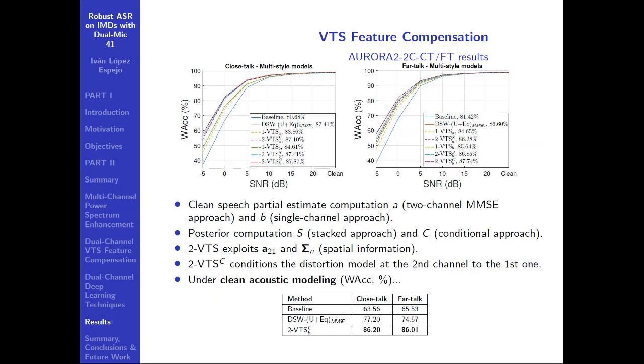In this slide, we can see our vector Taylor series feature compensation accuracy results obtained for the Aurora 2 CCT-FT corpora. As we could imagine, the simpler approach for clean speech partial estimate computation with subscript B, only using the information from the primary channel, provides better results, as the secondary microphone captures a much noisier signal than the primary one.